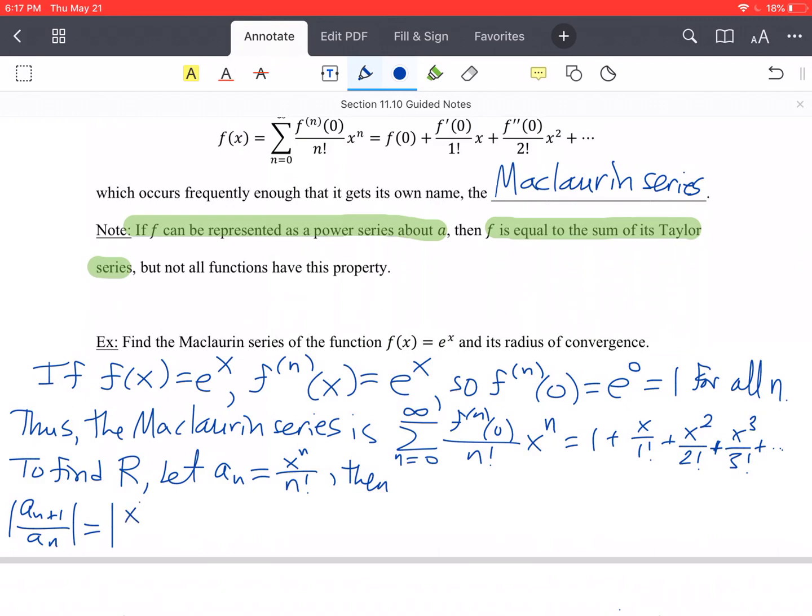That's going to be x to the n plus 1 over n plus 1 factorial times n factorial over x to the n, right? Multiplication by the reciprocal. Cancel where we can. That leaves us with absolute value of x over n plus 1, which heads to 0, right, as n goes towards infinity, which is less than 1, okay, which is what we need for the ratio test.